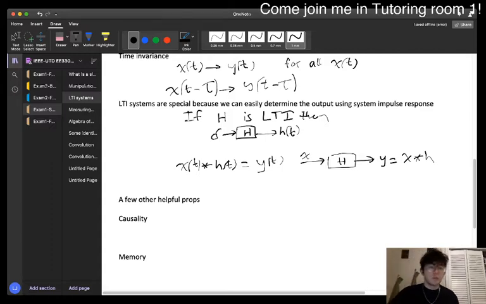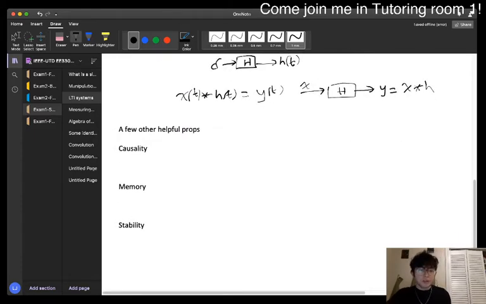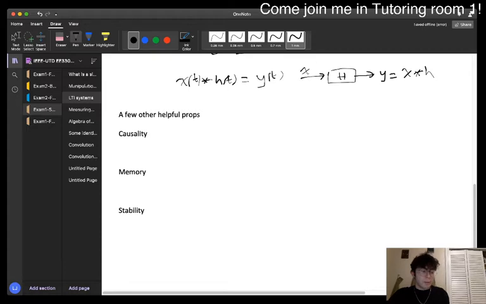Well, a few other properties that are really useful for us in practice are something called causality. Basically, we just want our output, y of t, to depend only on some function of the x of t's that come before it. It's not going to depend on future samples of x of t. So let's write this as tau.